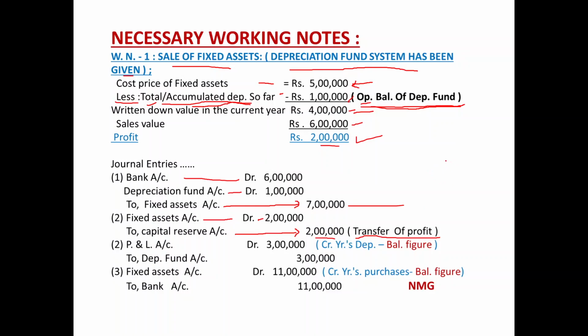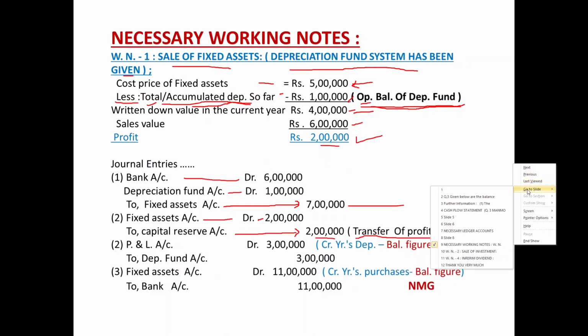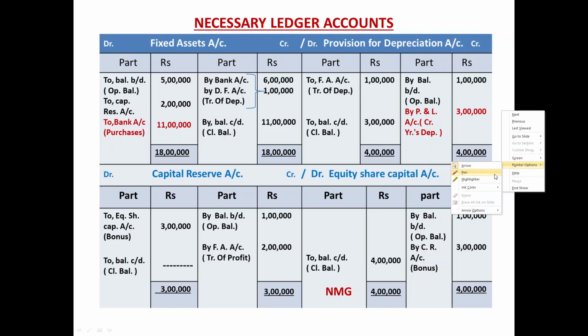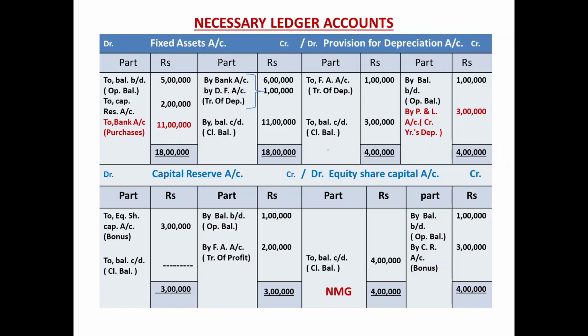Let us give the posting impact in the concerned ledger accounts related with this transaction of fixed assets. Have a look. Fixed assets account, provision for depreciation account, and capital reserve account. These are the three accounts related with this transaction. Let us give the posting impact.